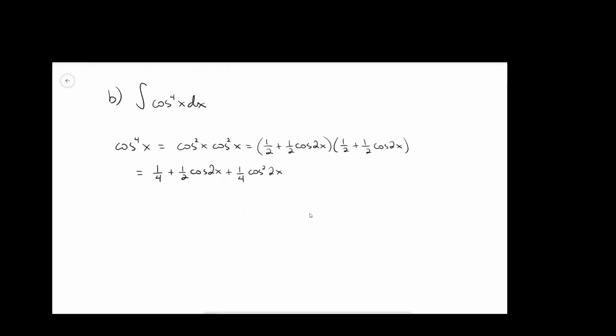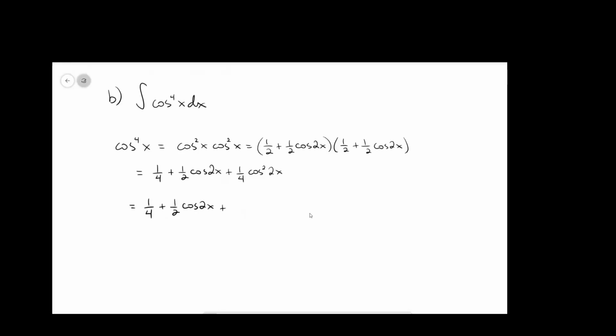All right, now here, this is a fourth power. Unfortunately, we didn't quite succeed in getting these down to just being first powers. Now we still have that second power on that last term, right? Cosine squared 2x. So we have to do another power reduction identity on that term by itself.